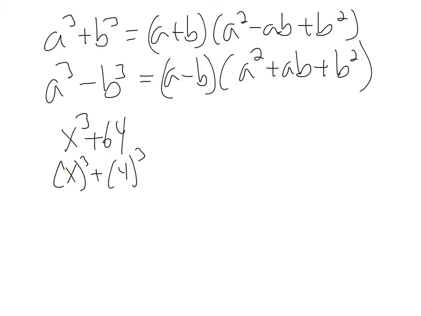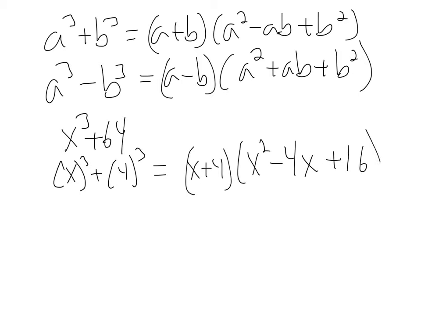All I have to do is take those values and drop them into the A and B in the factoring patterns. So that factors to x plus 4 times x squared minus 4 times x plus 16.